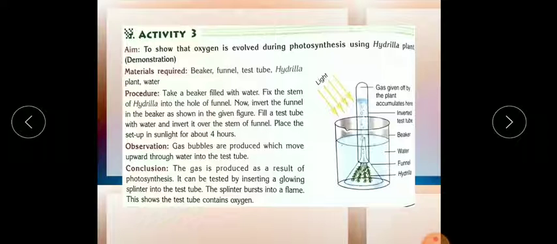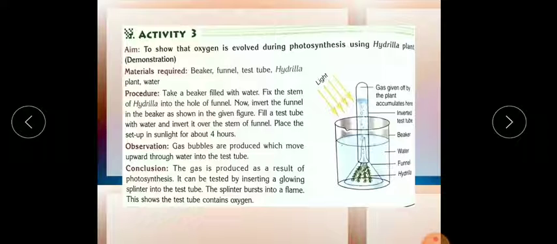So the procedure is the same, easy. We have to take a beaker filled with water and fix the stem of hydrilla into the hole of the funnel. As you can see, we have to place this hydrilla plant into the funnel. Okay, and then invert it, and then fill a test tube with water and again invert it.